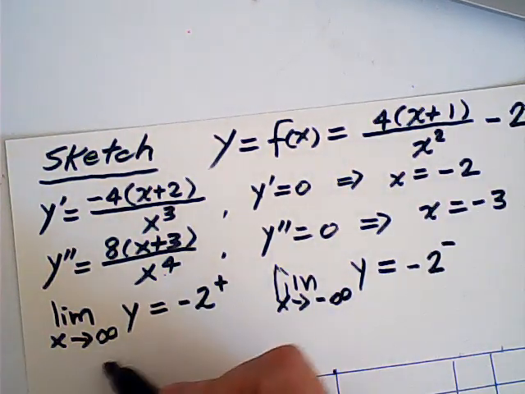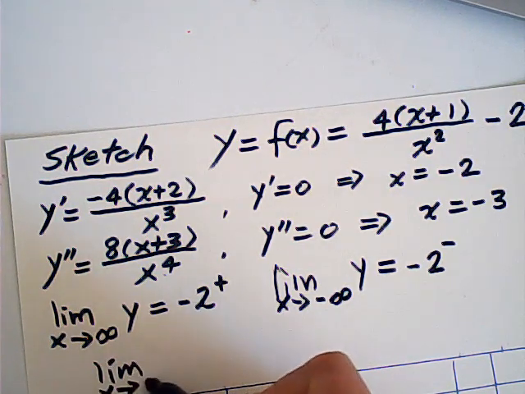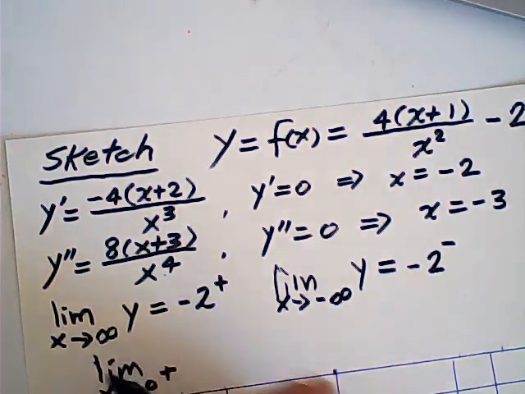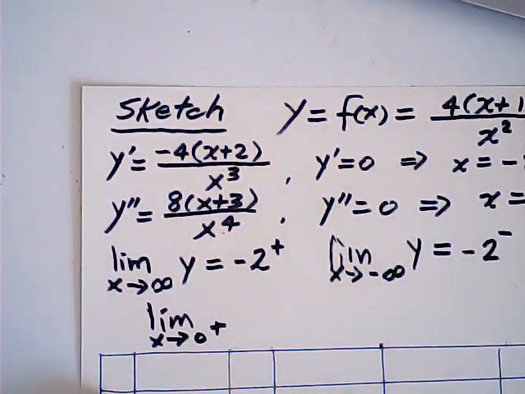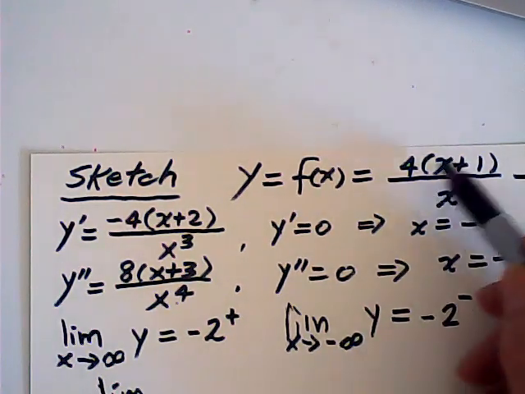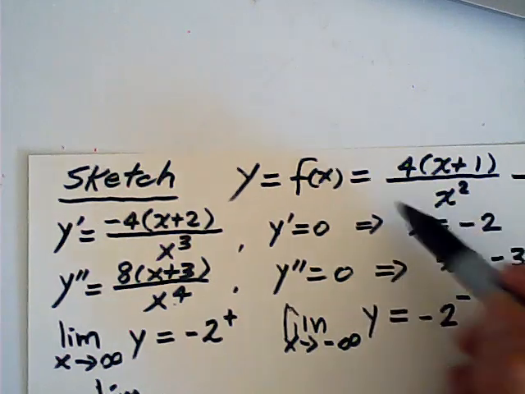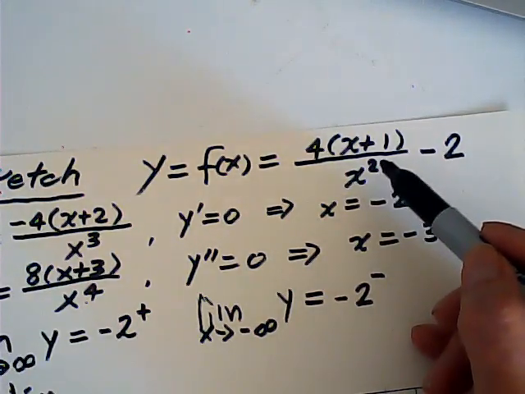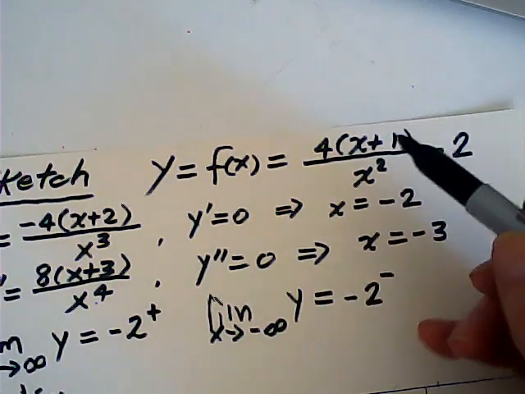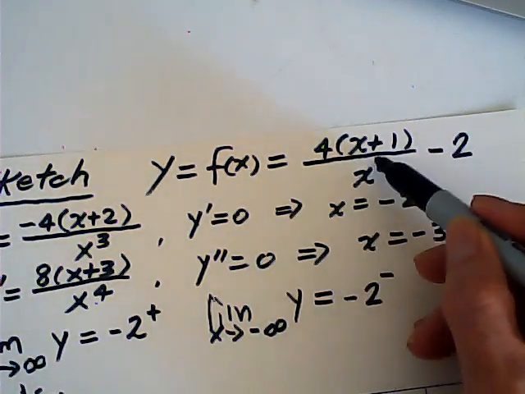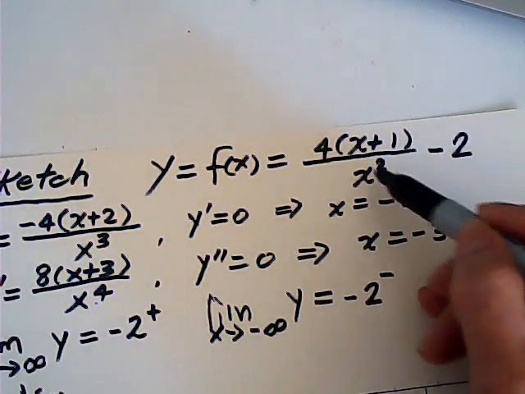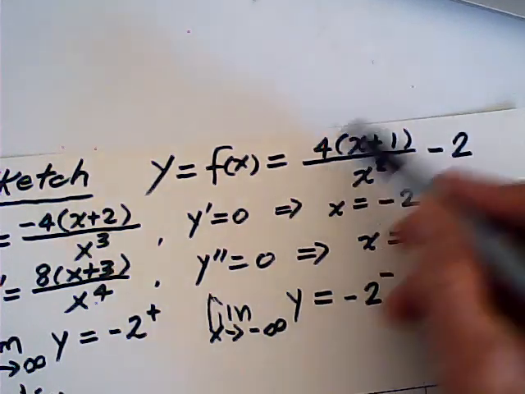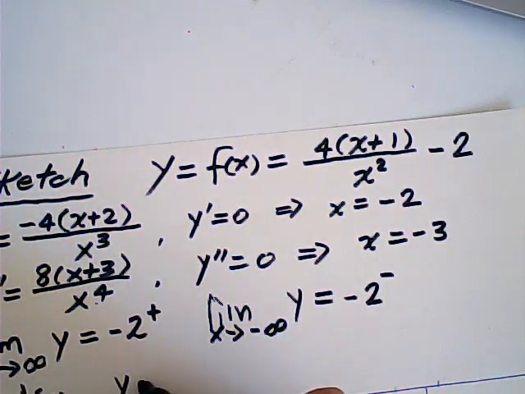Then also the limit as x approaches 0 from the positive side. When x is a very small positive number, this one is approaching 0, but positive. This is very small. Therefore, this reciprocal number is very big. It's positive infinity, right? So y is equal to positive infinity.